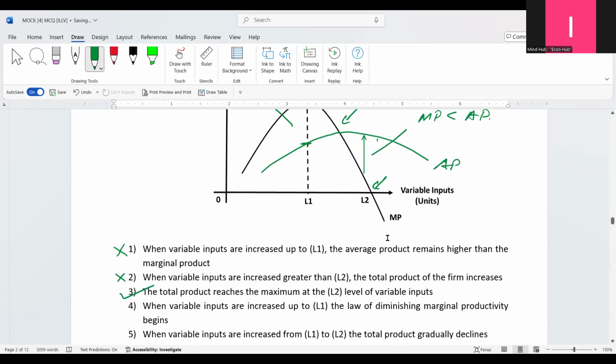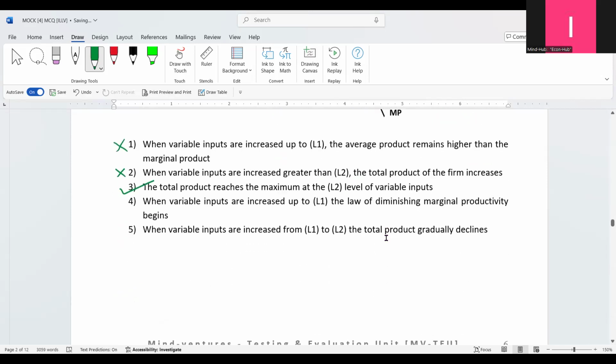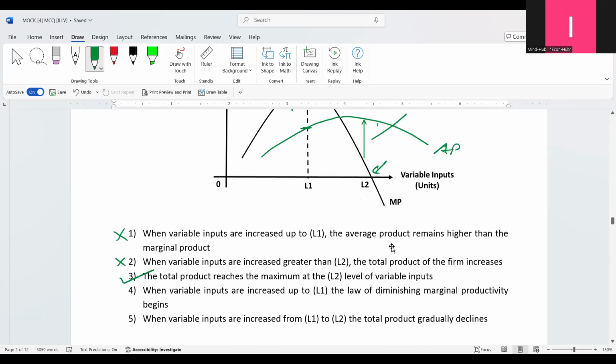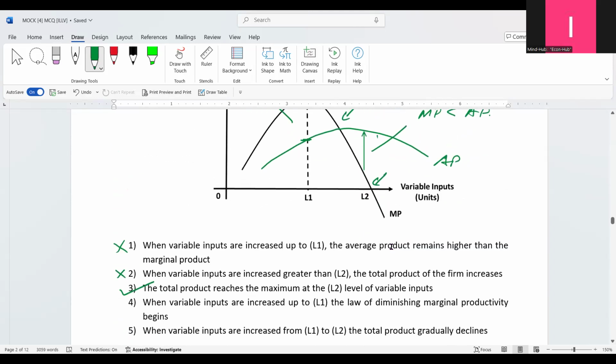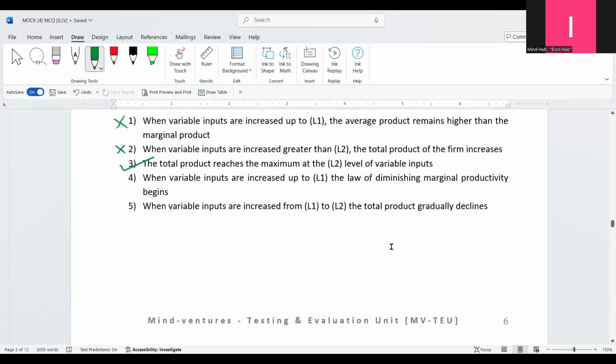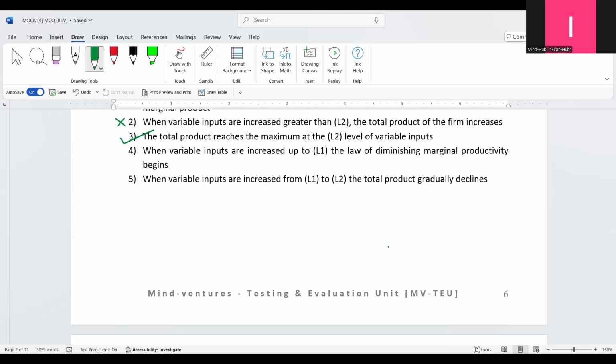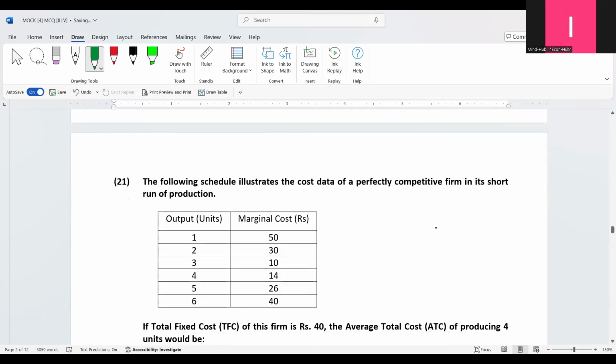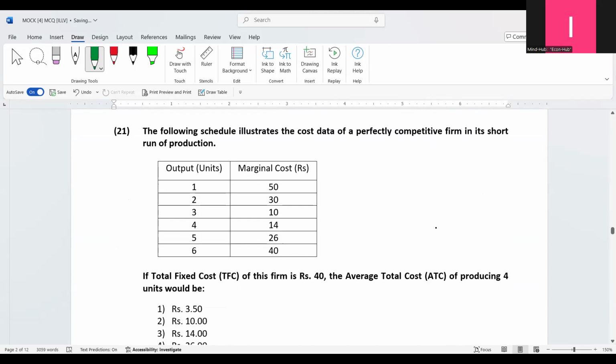Then when variable inputs are increased from L1 to L2, total product gradually declines. No, total product starts to decline only after L2. So those two are also incorrect. Correct answer number 3.